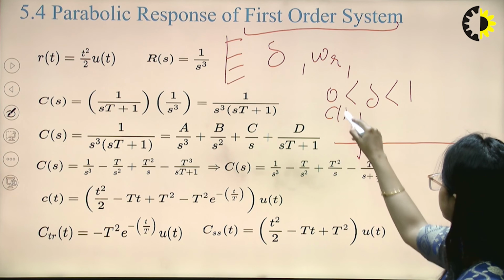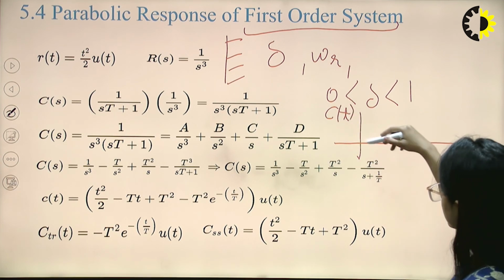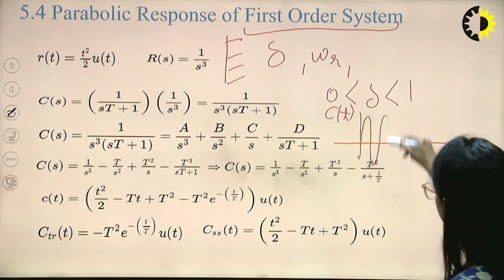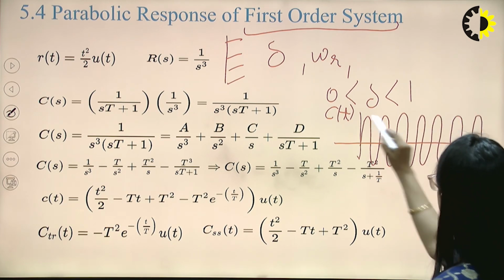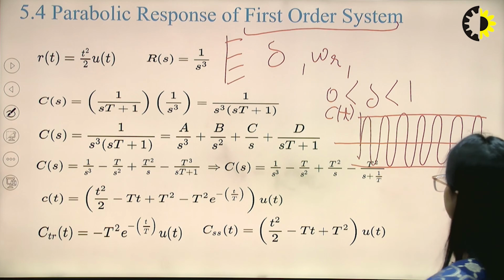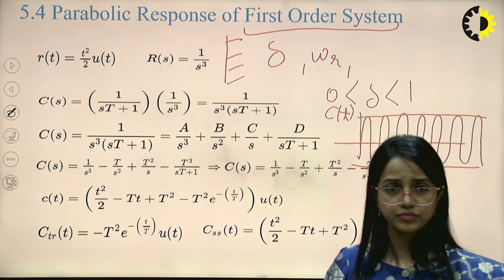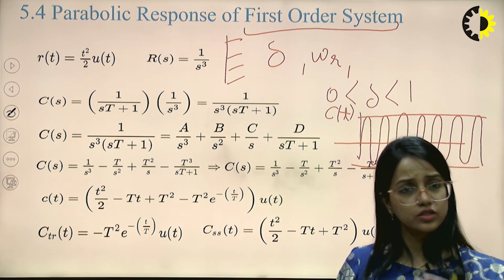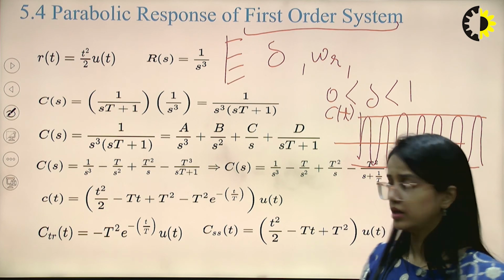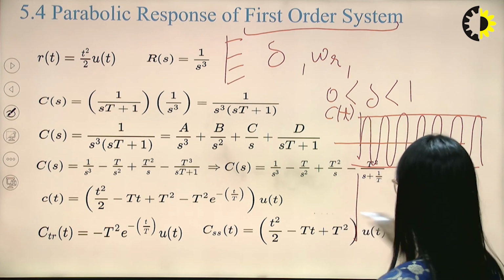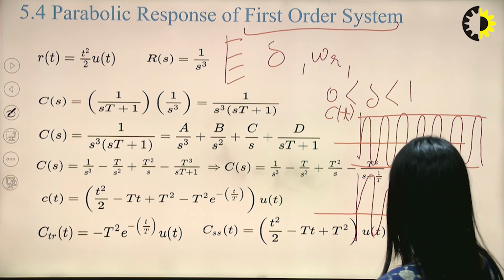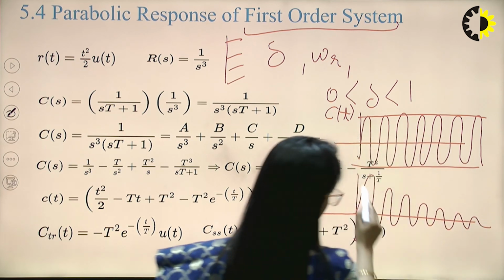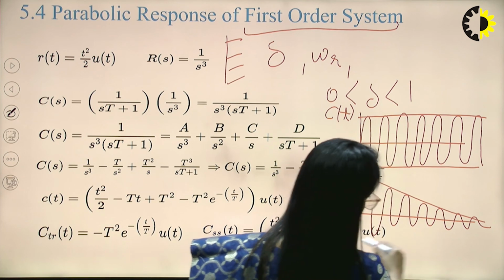C(t), different kinds of output. So if C(t), the output, is just like this, it is sustained. So there is no damping here. If I draw another response like this, and I draw the envelope, it's like this.